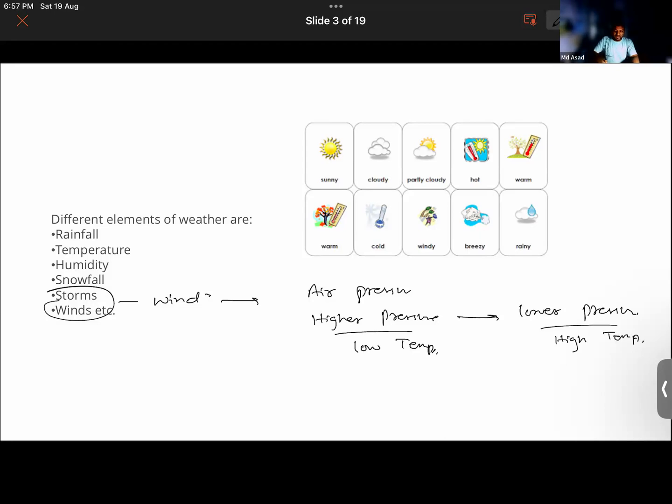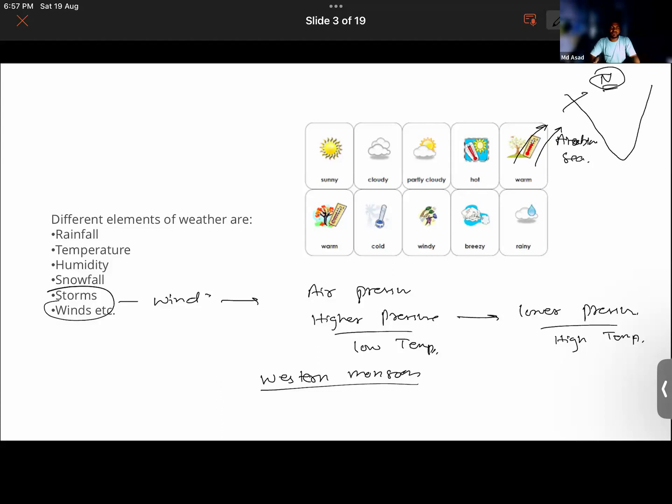You must have heard about western disturbances and the western monsoon. This year it reached very late in northern parts of India. So where does the western monsoon come from? It basically is due to the Arabian Sea, no? On the western side of the Indian Peninsula you have the Arabian Sea, and moisture-laden winds from the Arabian Sea come to the northern part of India, and there it leads to rainfall.